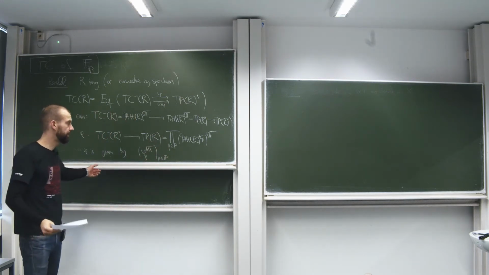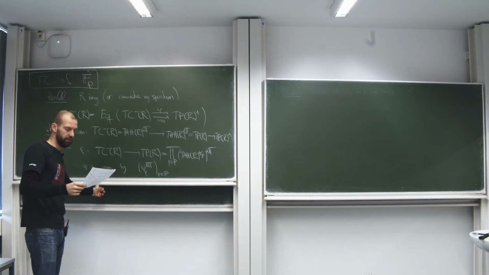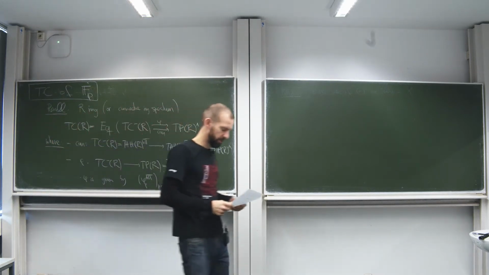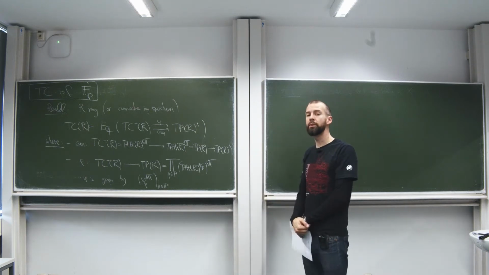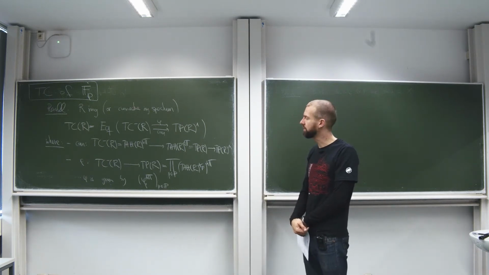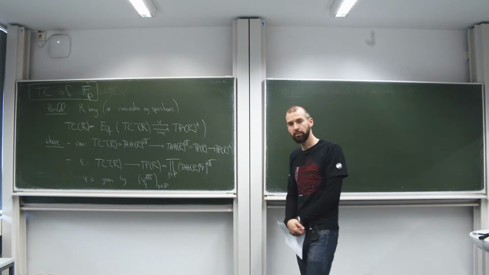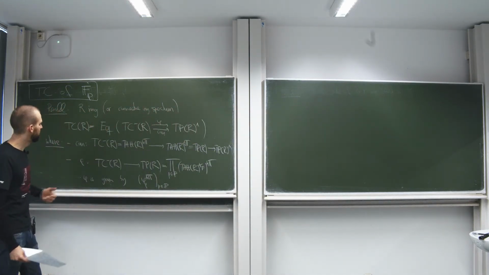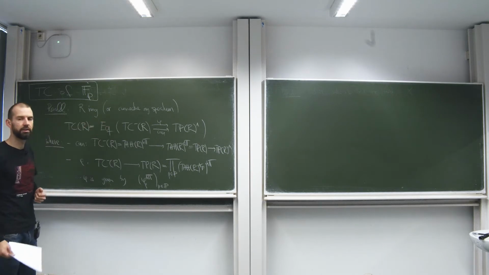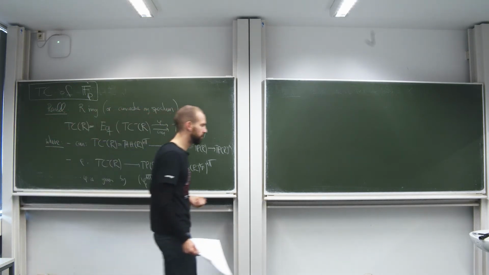Okay, so that was the definition or theorem of how TC can be computed. And I should maybe mention that historically TC was defined differently by Bökstedt, Hsiang, Madsen, but this formula, which I proved with Peter Scholze, simplifies the way you can compute TC.